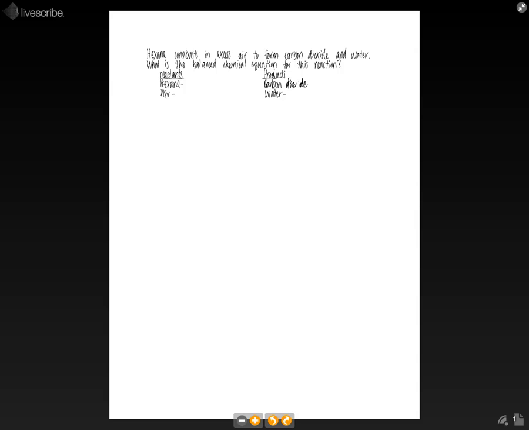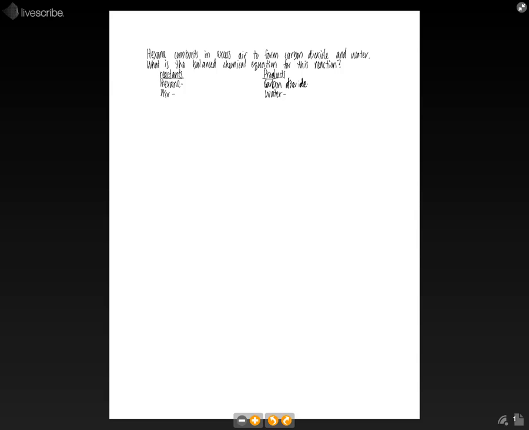In order to start this problem, we need to determine the chemical formulas for each of our reactants and products. I have listed here our reactants, which are hexane and air, and our products, which are carbon dioxide and water.